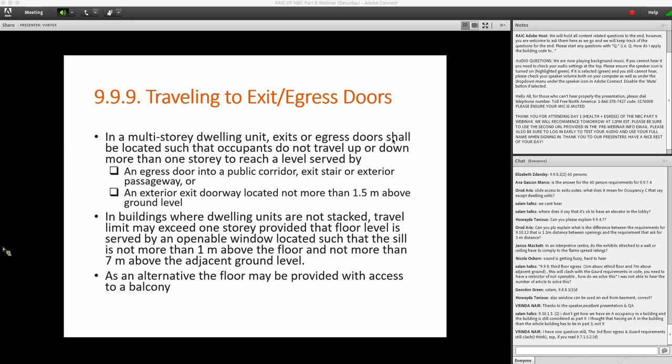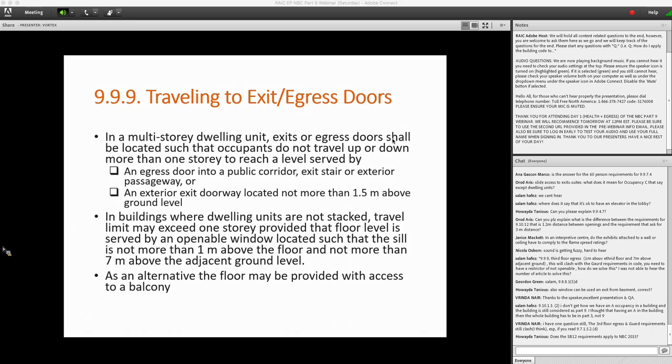Under 9.9.8.5 sentence 5, passenger elevators are permitted to open onto the lobby referred to in sentence 1, provided the elevator doors are designed to remain closed except while loading and unloading passengers, which is obviously typical for most elevators. So, next question is, can you please explain 9.9.4.7?